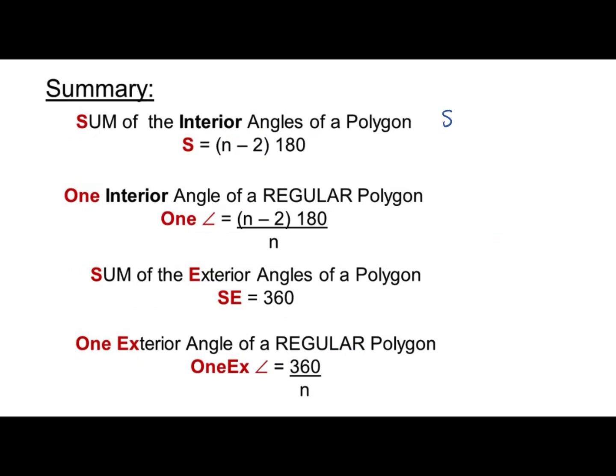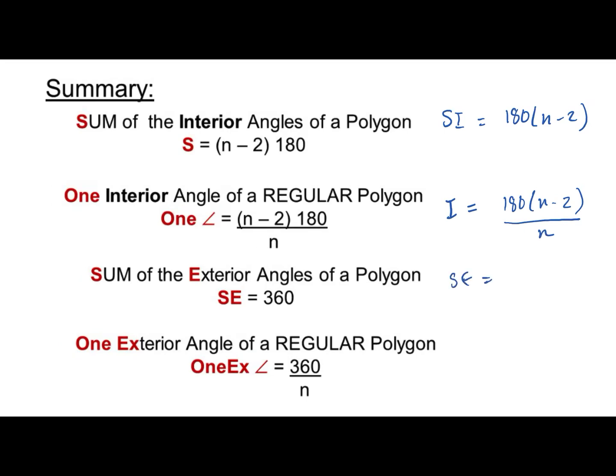So sum of interior is equal to 180 times n minus 2, where n is the number of sides. Okay, one interior angle in a regular polygon is 180 times n minus 2 divided by n.